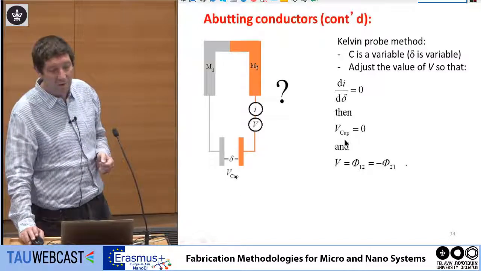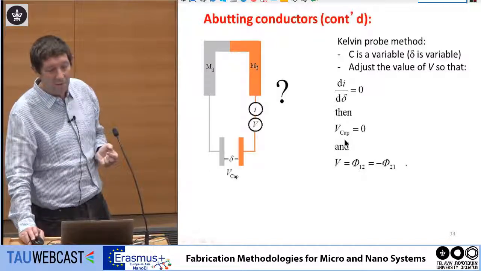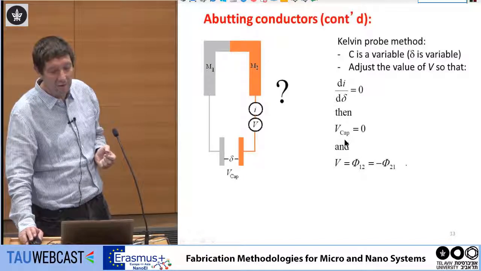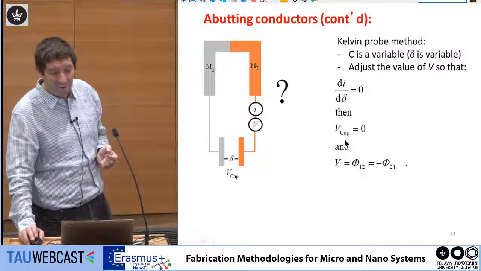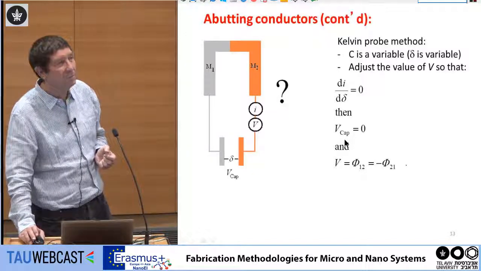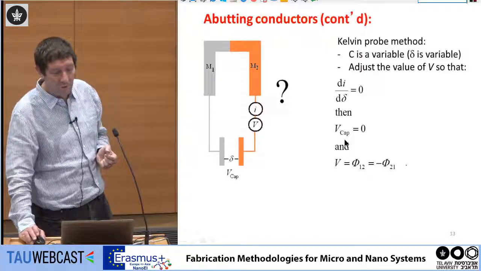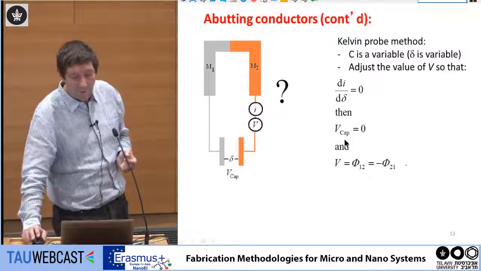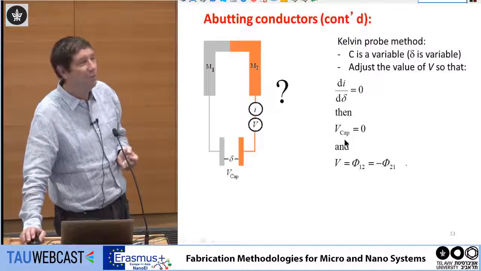When you change the voltage, under some conditions di over d delta is positive, and at some potentials di over d delta is negative. At the point where di over d delta equals 0, the capacitance voltage is equal to 0, which means phi12 equals phi21. So the voltage that I measure here is phi12 or phi21.